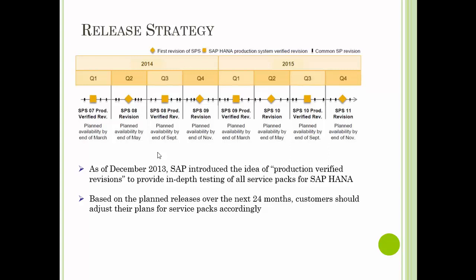So in simple terms, every 6 months we have a new support package stack bundled with new features and a lot of bug fixes made available for customer implementation. Based on the planned releases over the next 24 months, customers should adjust their plans for service packs accordingly. When an implementation of SAP HANA has to be done, customers should consider the release strategy implemented by SAP to plan the solution implementation for their business.